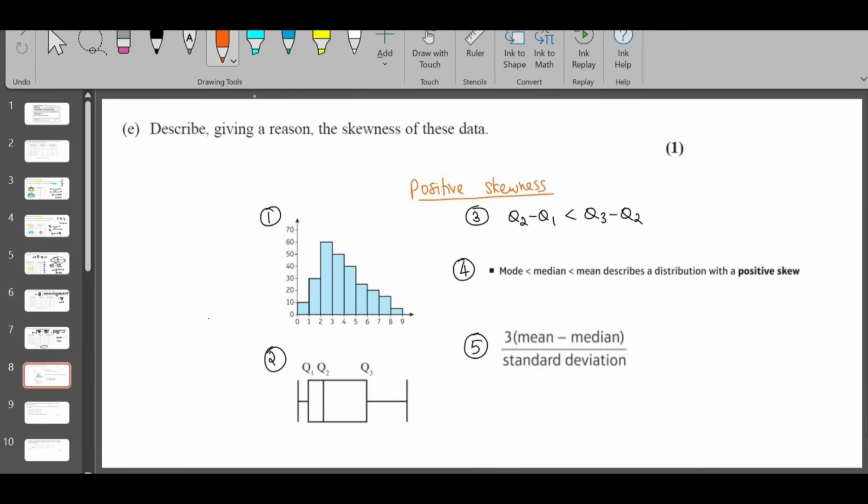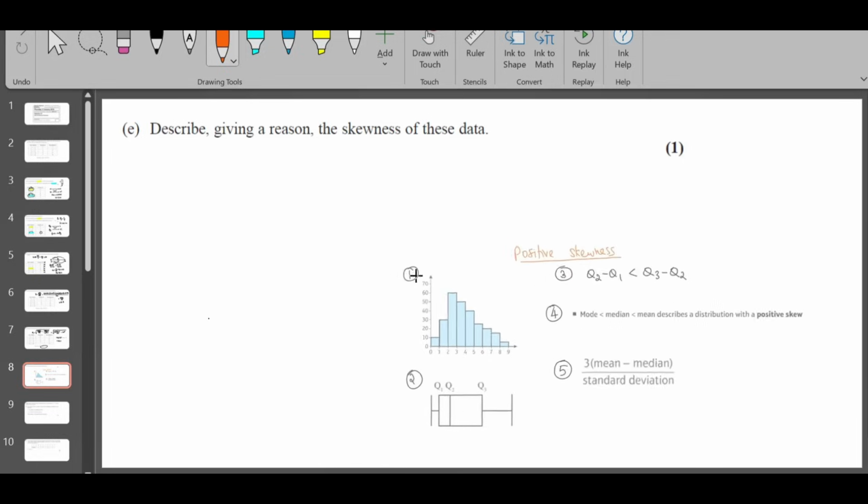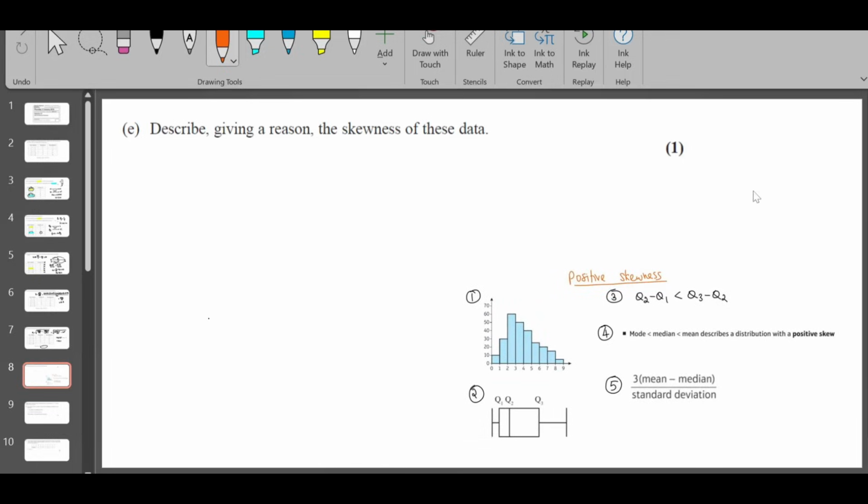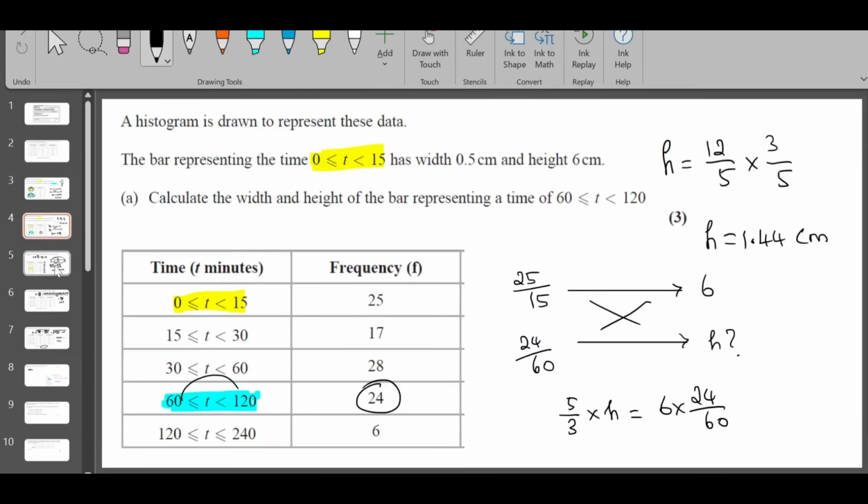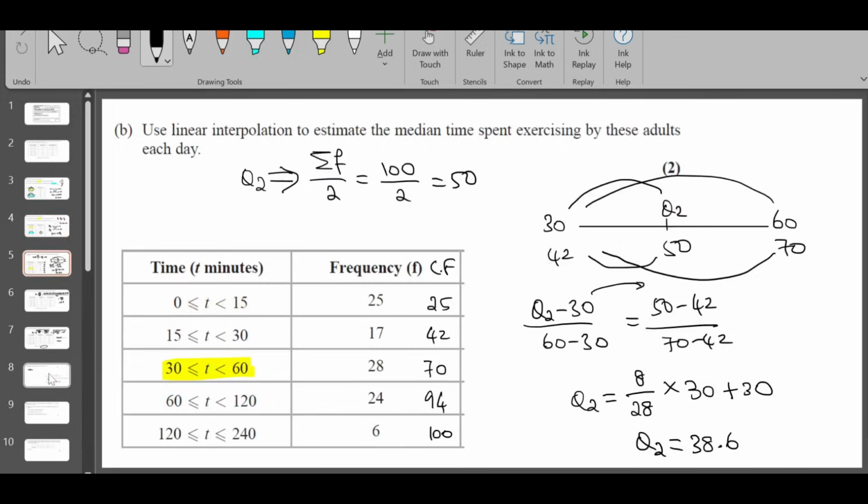Okay, now in this case, since we have the mean and median, I'm going to compare the median and mean. We have calculated the median here. Median is 38.6.